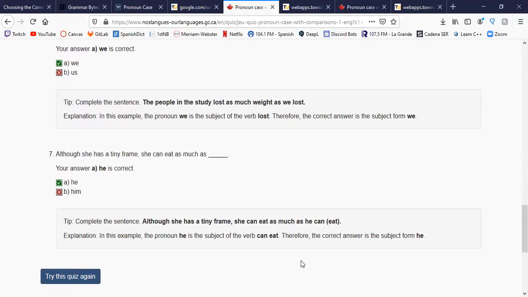So as you can see, pronoun case isn't really that hard to understand. At first, it might be a bit challenging, but over time, you'll learn the correct forms to use. And if you understand pronoun case in English, you actually can understand pronoun case in German because it's a very similar concept.